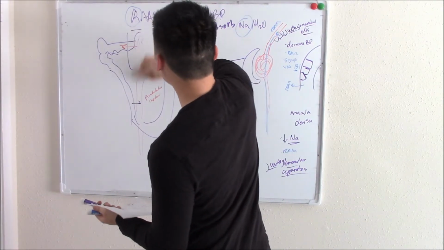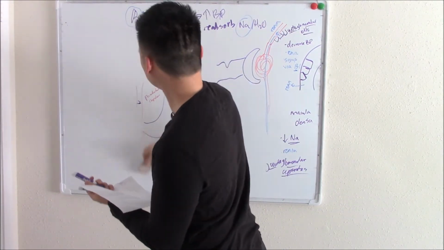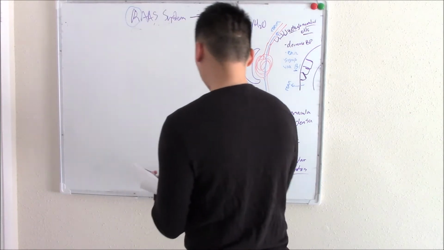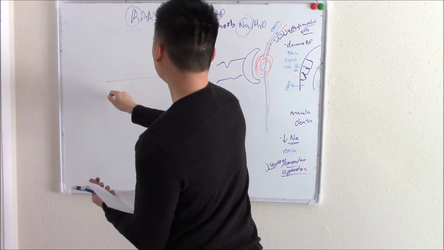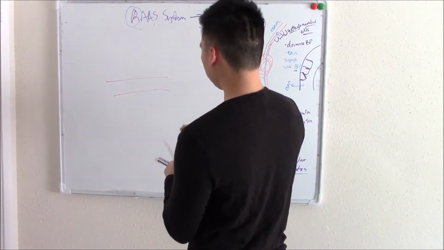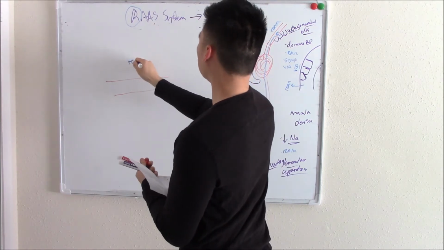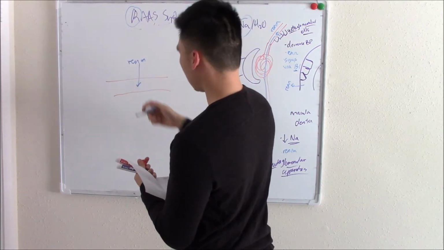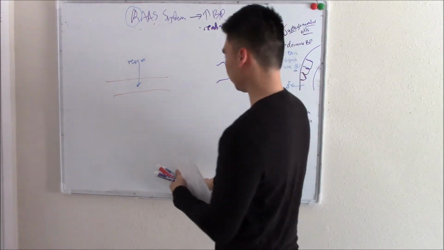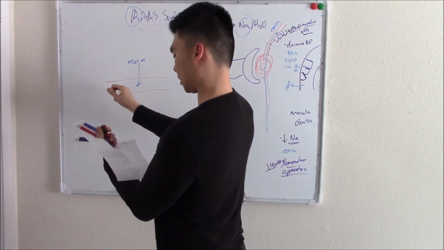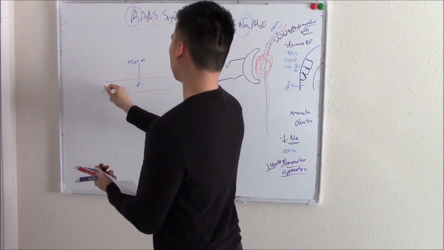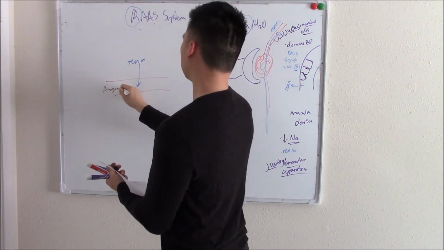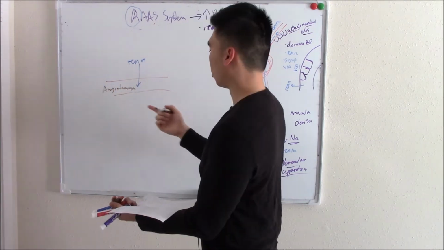Let's see how renin does that. So you release renin into your blood, and it'll meet a protein called angiotensinogen. Where does that come from?